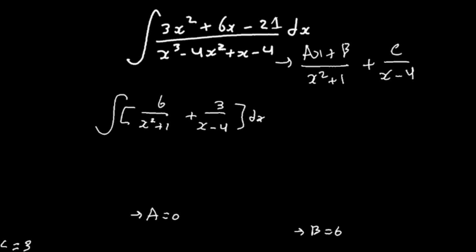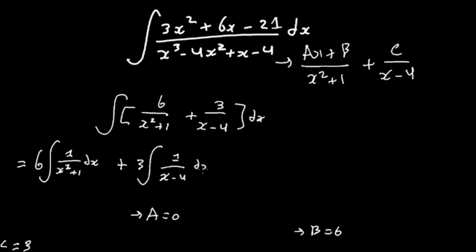So now we can split this up. We can split this up into, well, let's factor out that 6 times the integral of 1 over x squared plus 1 dx plus 3 times the integral of 1 over x minus 4 dx. Okay.